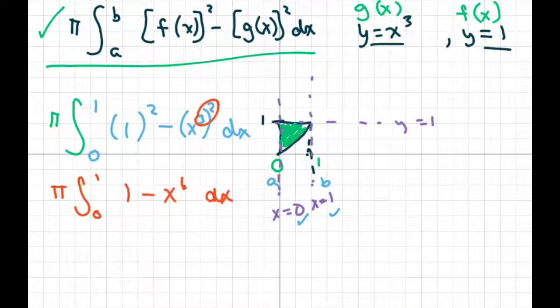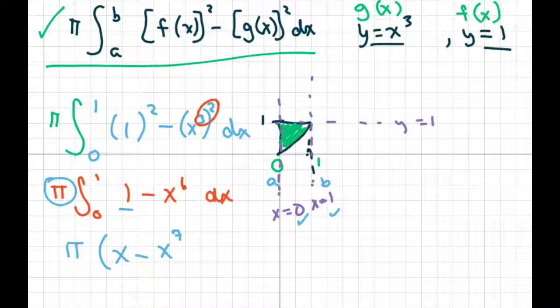So we take the pi here and integrate 1, that just would be x, minus, and then we need a 7 here. We add 1 to the exponent, and put this 7 down here as well. Then we evaluate at 0 to 1.